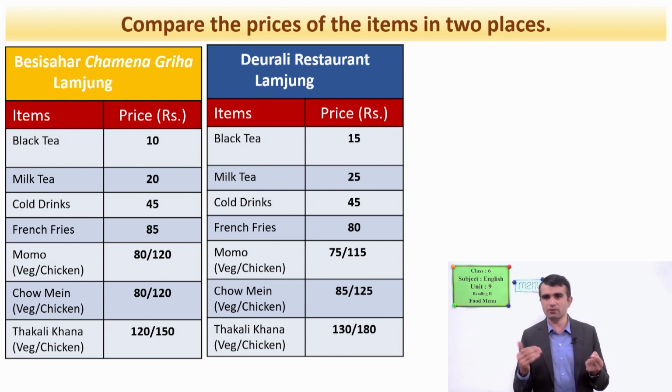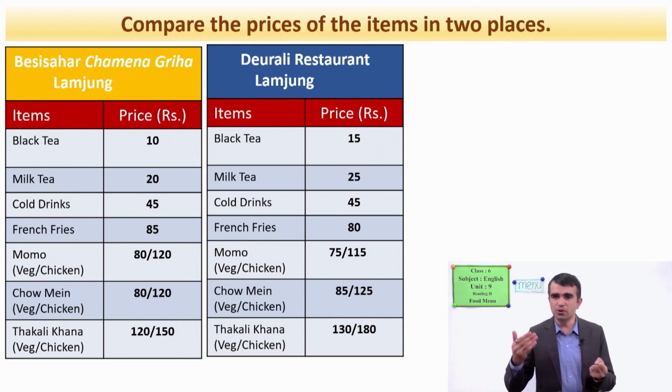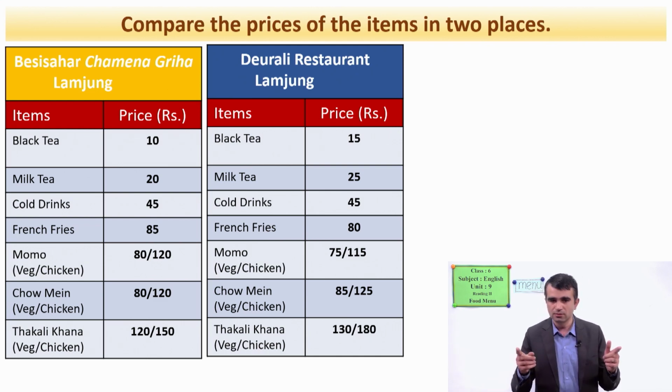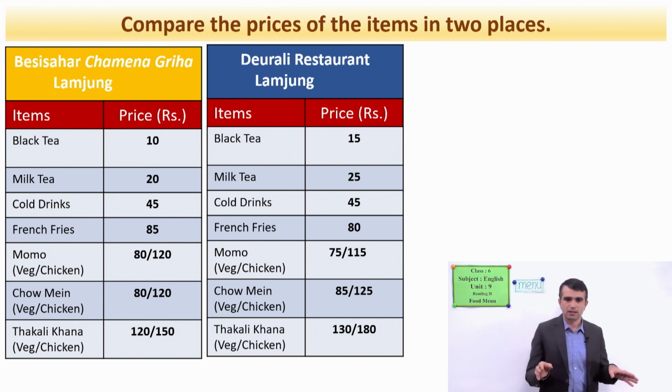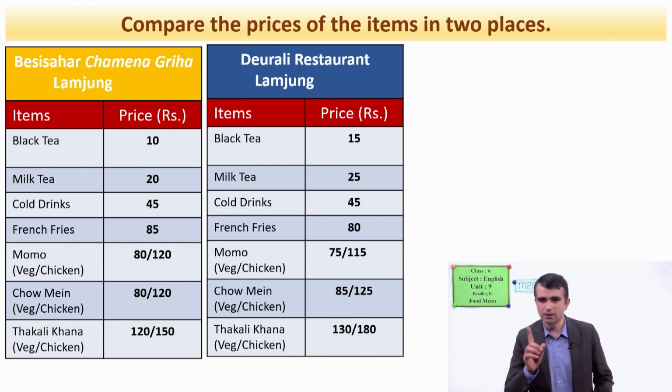Or cheaper, what do we say? Yes, black tea is more expensive in Devrali restaurant than in Besar Chamanagriya. Is it so? Now, similarly, milk tea is 20 rupees in Besar Chamanagriya and 25 in Devrali restaurant.